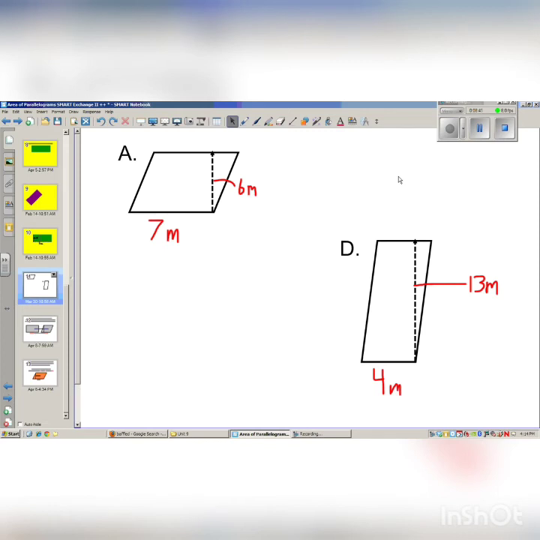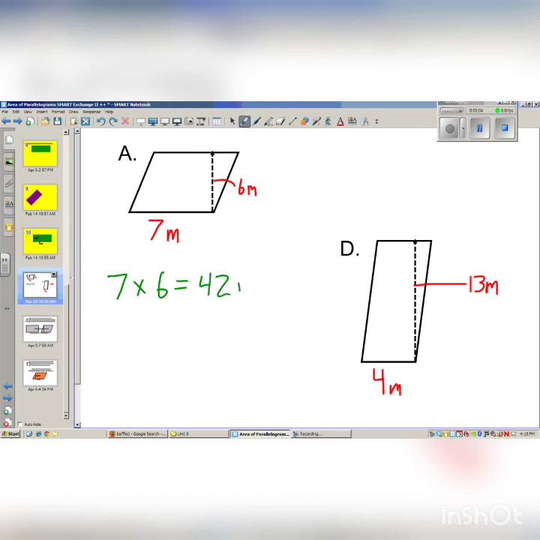So now I'm going to actually calculate and show you how to do the area for A. If we have a base of 7 meters and a height of 6 meters, then we multiply 7 times 6. 6 times 7 equals 42.